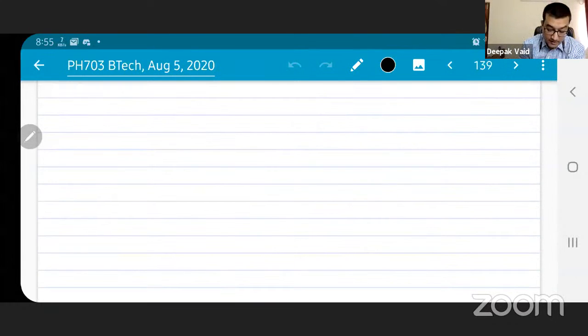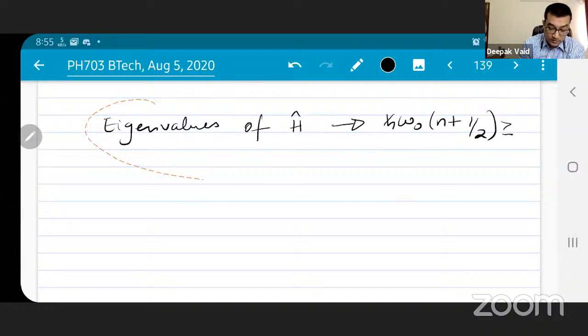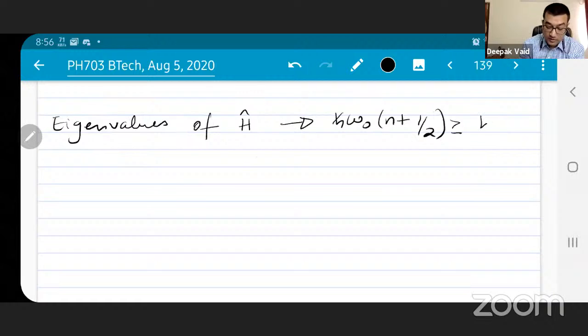which tells me that the eigenvalues of H, which are h bar omega times n plus 1/2, always have to be greater than or equal to h bar omega by 2, because n is always greater than or equal to 0. If the lowest bound is n equal to 0, then the lowest eigenvalue is h bar omega by 2.